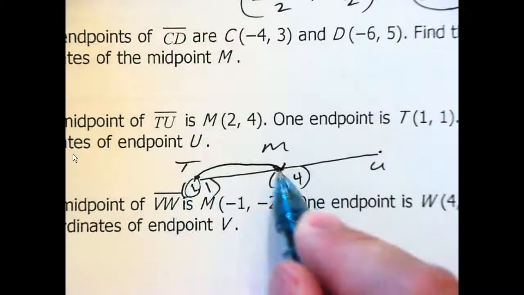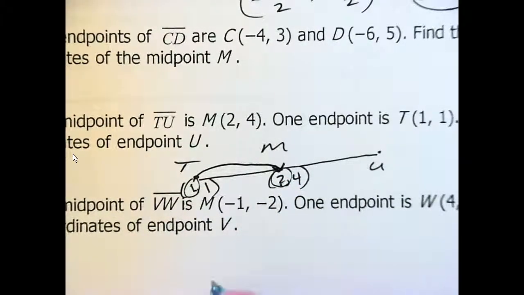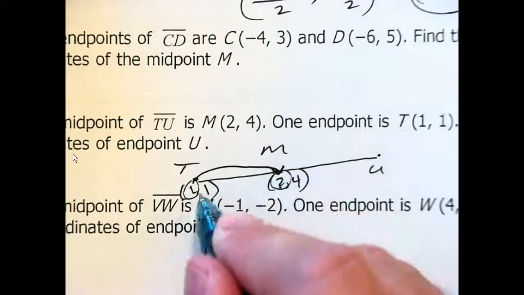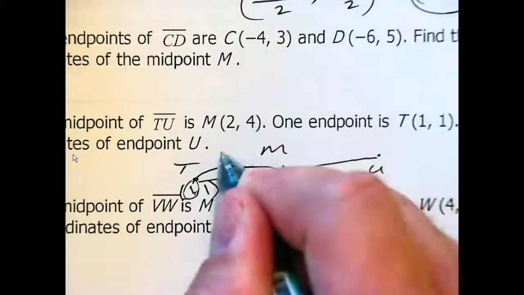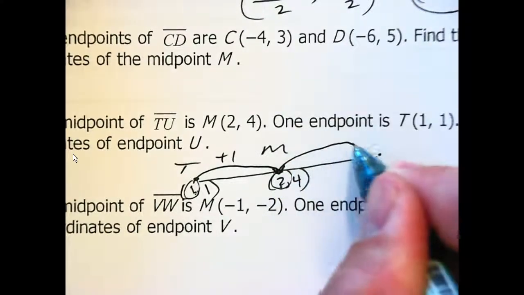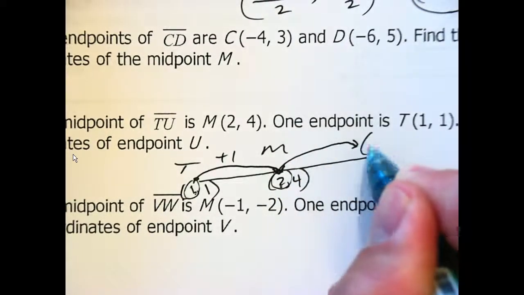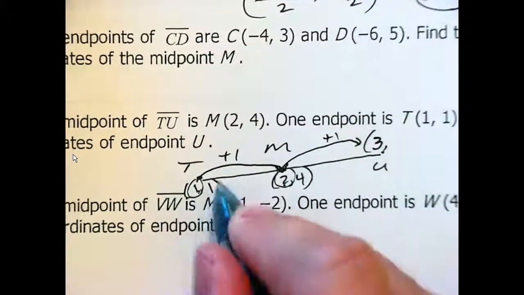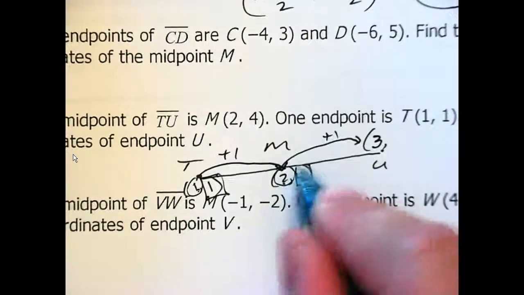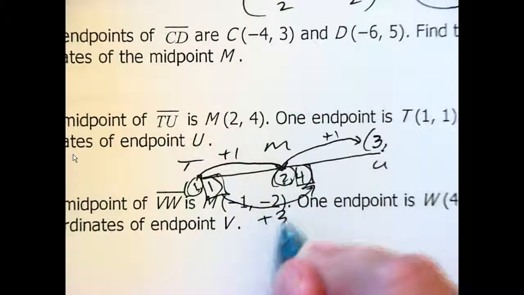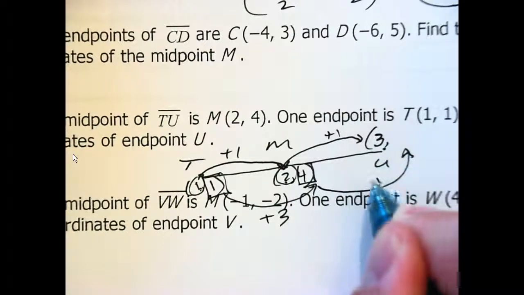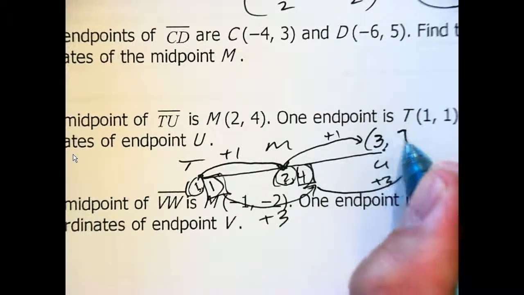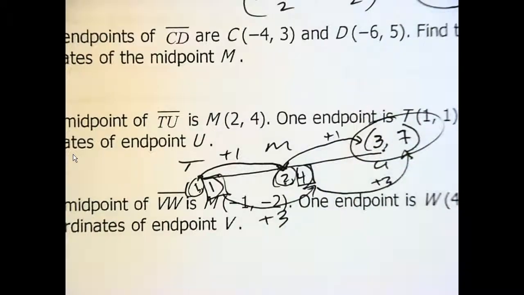From 1 to 2, we add 1. So how far are we going to have to go from here to x here? We're going to have to add 1. So this is going to be 3. How far from 1 to 4? 3. So how far from here to here? 3. What's that make this? 7. That's the easy way to show that. Now you could actually throw it into the formula, but that works out. 3, 7.